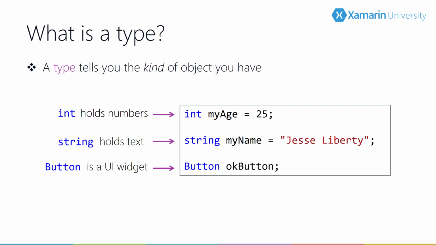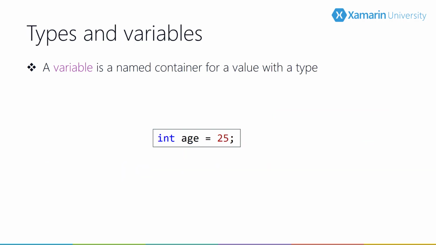Now, types go hand in hand with variables. A variable is simply a named storage container. It's a place that we can store data that has a name, and the type of data that can go inside of it has to be that data type. So the syntax for creating a variable consists of, first, the data type, so what type of data this variable can store.